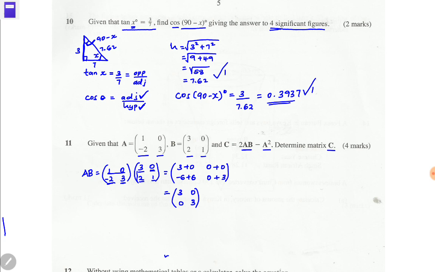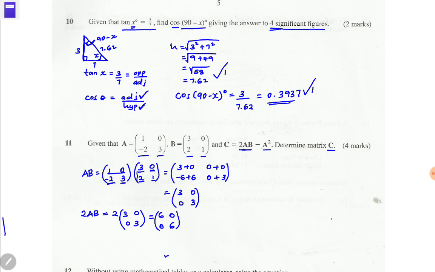Then we can also obtain the value of 2AB. So 2AB will be equal to 2 times the obtained matrix, and this will be equal to 2 times 3 is 6, 2 times 0 is 0, 2 times 0 is 0, 2 times 3 is 6.